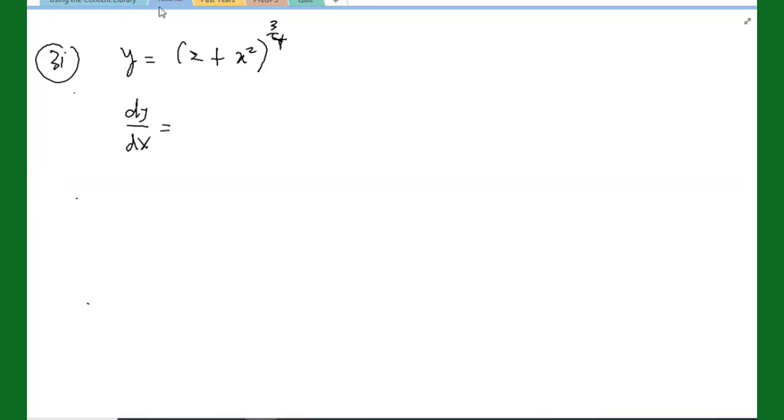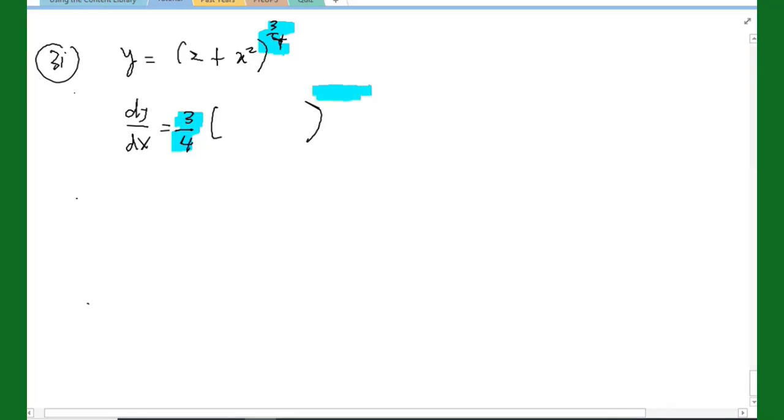Now, from outside to inside. This is outside, and the outside power is 3 over 4. Its power is reduced by 1: 3 over 4 minus 1. You have to write down everything the same, just copy: 2 plus x squared.